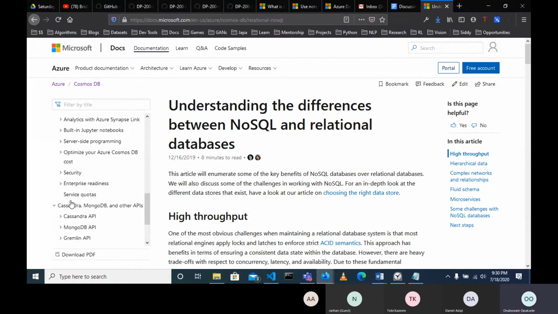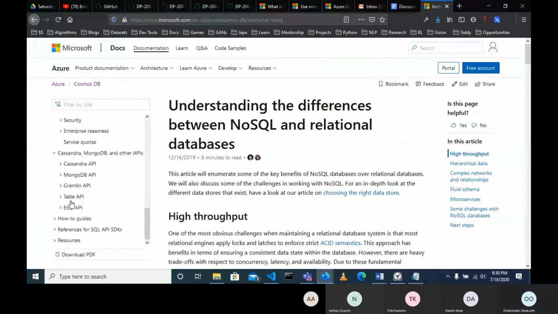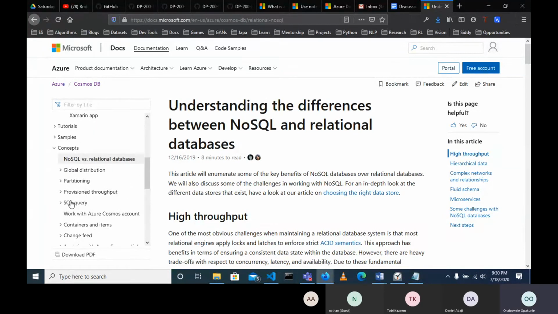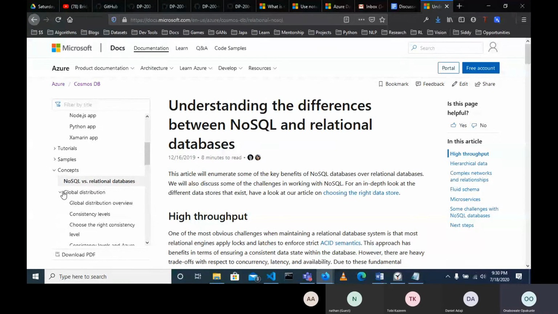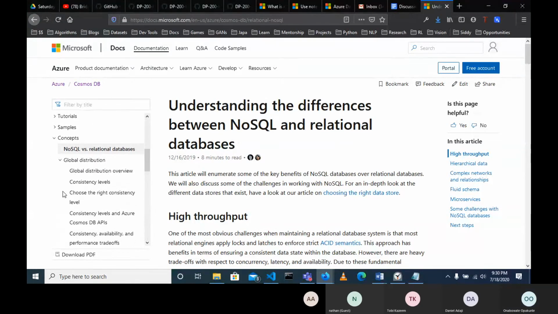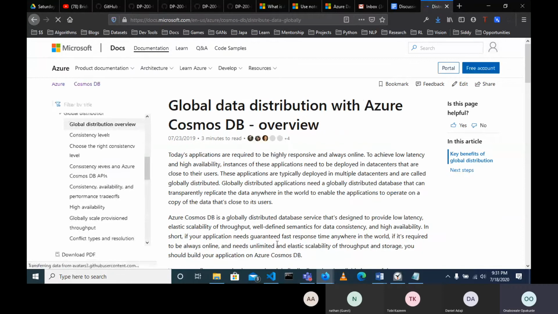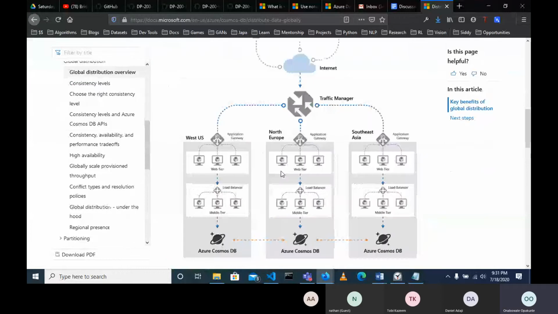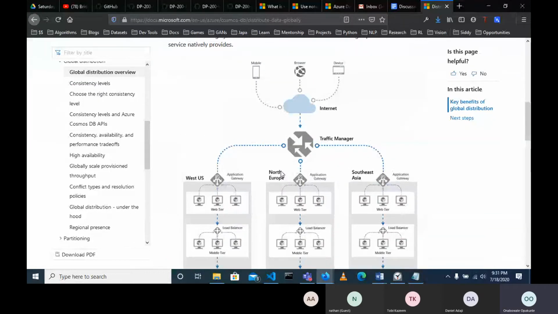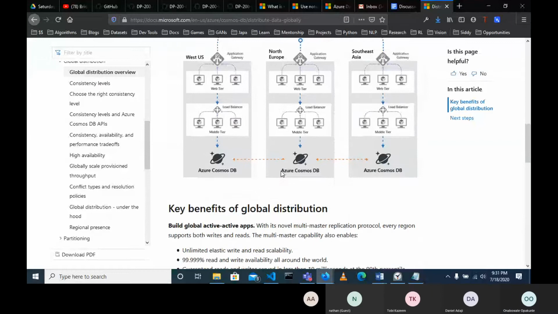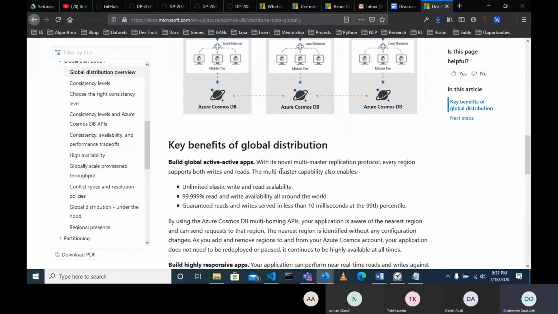I found something I wanted to share with you guys. Basically, about the global distribution that I just mentioned, you don't have to be in a particular place before you can set up your database, right?